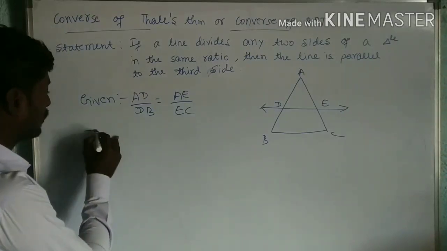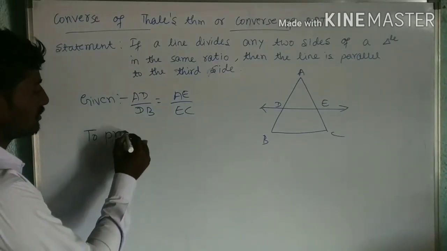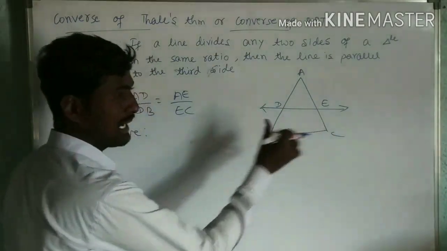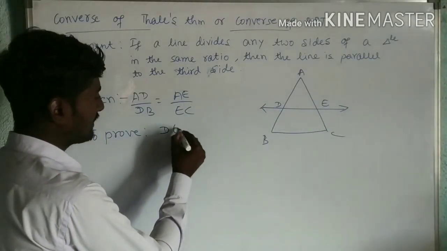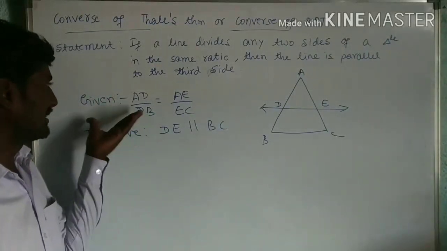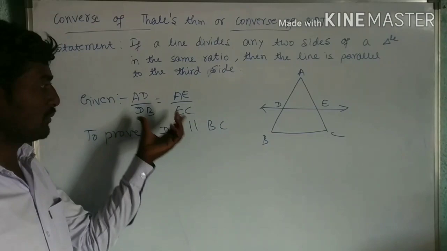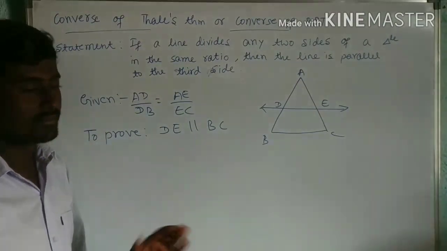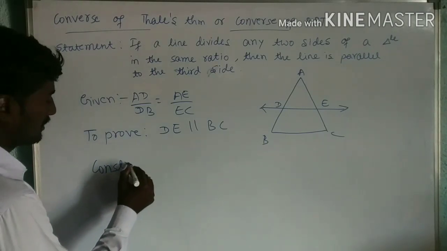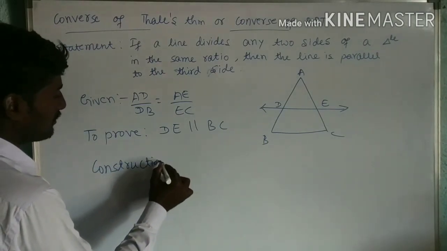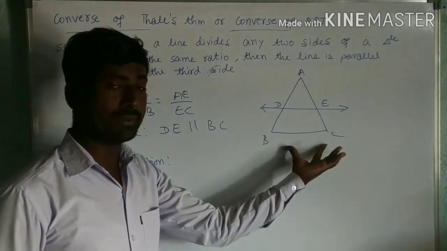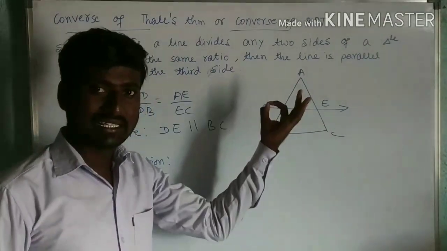Now, what we have to prove? We have to prove that DE is parallel to BC. With the given condition, we have to prove DE is parallel to BC. Now the construction.